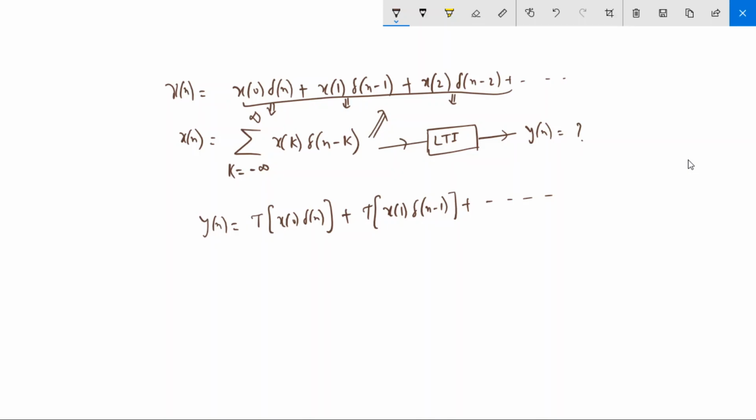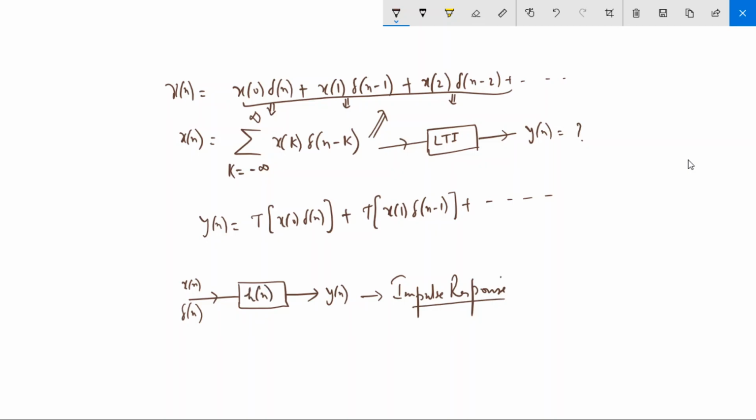Now for this we define one thing that is called impulse response. Impulse response means what is the output of the system when the input signal is an impulse signal. So if x of n is delta n as input, the output of the system is called impulse response. We generally denote impulse response with h of n for the discrete case, and in continuous it will be h of t.